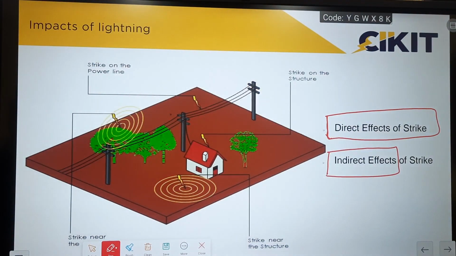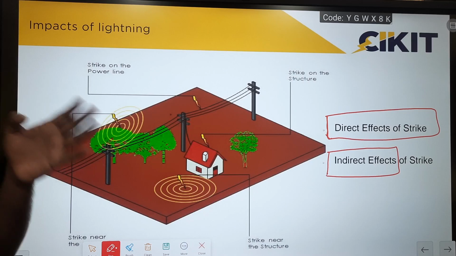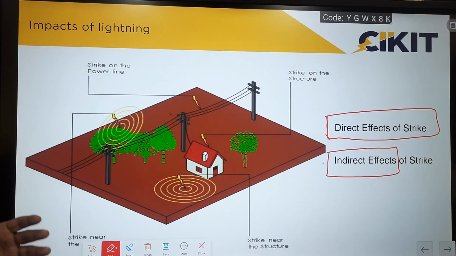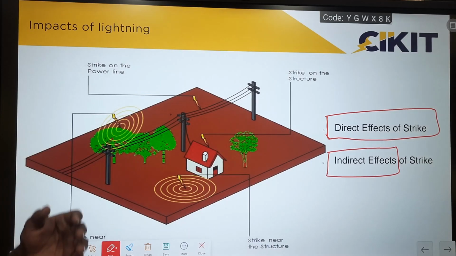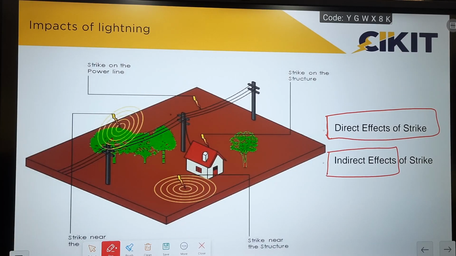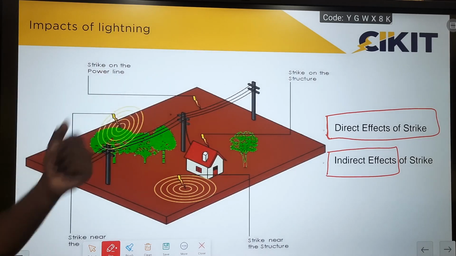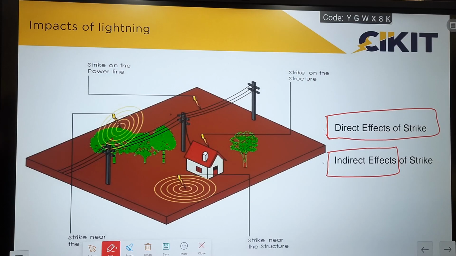In a solar plant, we are laying cables all over the plant for interconnecting the solar panels with the string modules, connecting the string modules with the inverter, and connecting the inverter to the substation. For all these interconnections, we are using cables, and these cables are running throughout the plant. So in addition to the direct effects of lightning strikes, the surges induced on these power lines due to lightning will also cause damage.